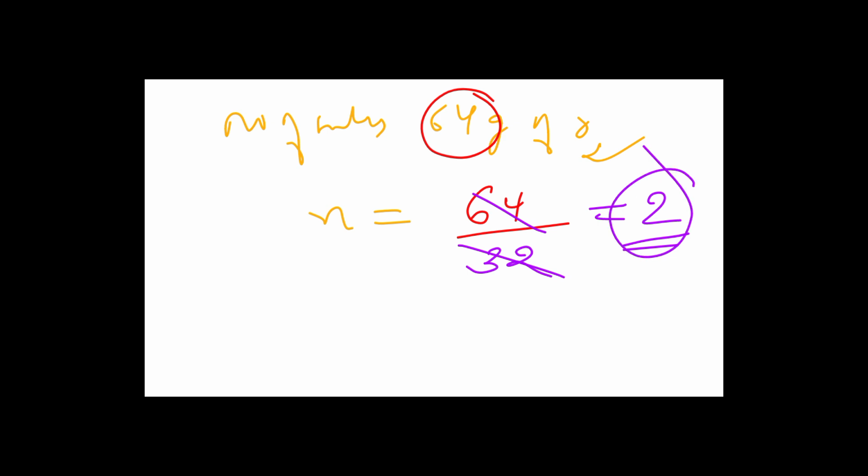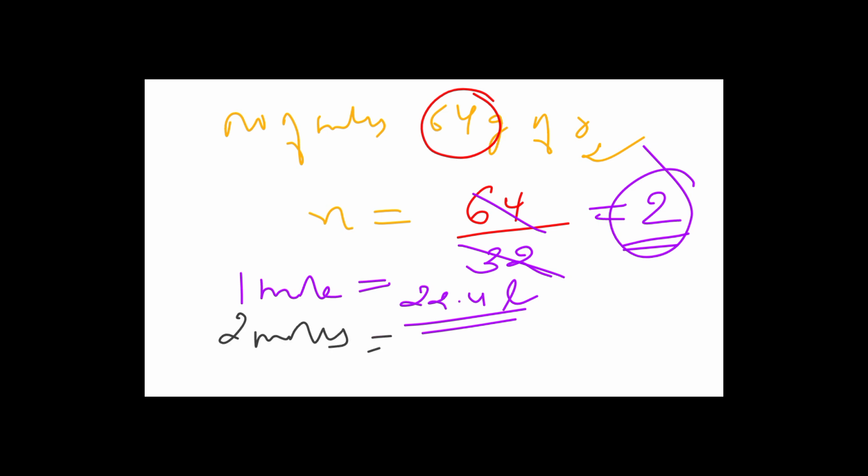We know that 1 mole of oxygen gas will occupy 22.4 liters at STP. Now it's given that the number of moles is 2, so we need to find how much volume is occupied by this mass of oxygen. We know that 1 mole occupies 22.4 liters.